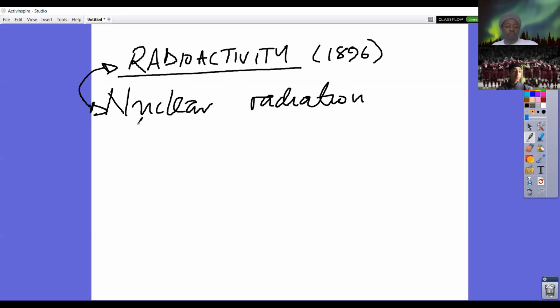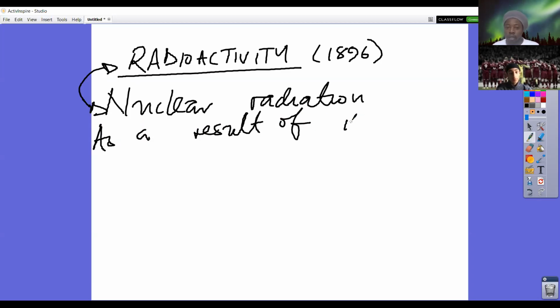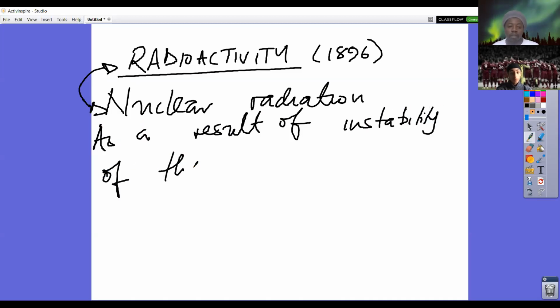Is it because it's unstable? Absolutely, okay? So as a result of instability of the nucleus of isotopes.